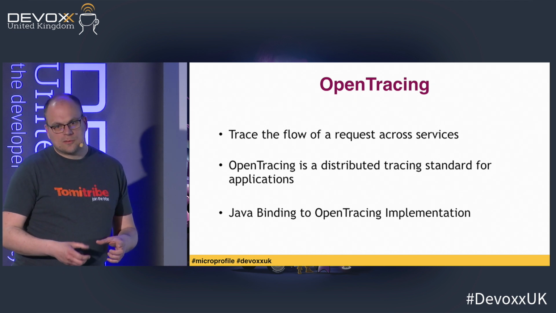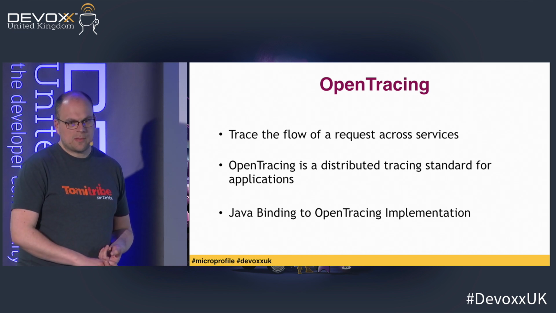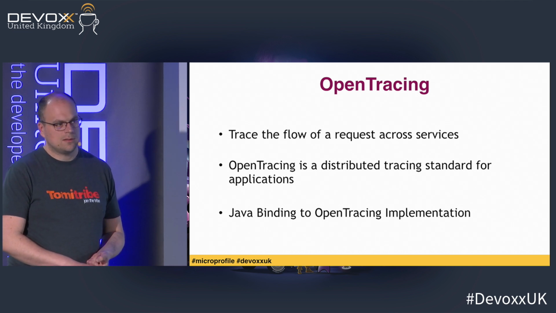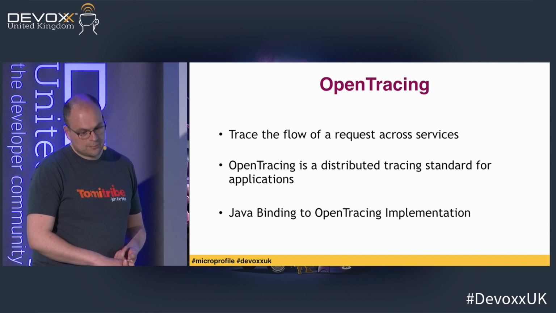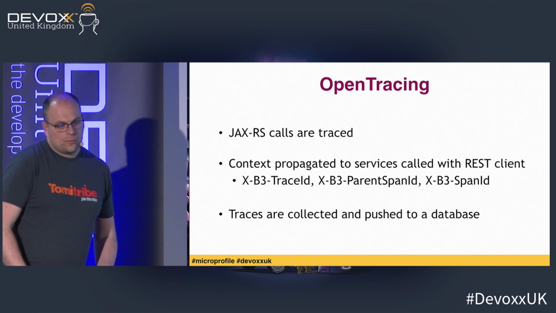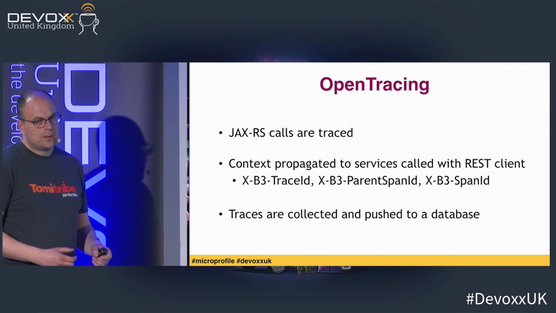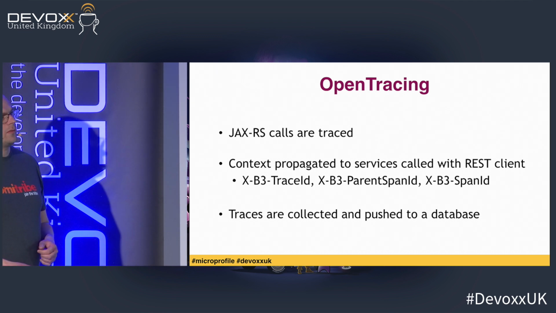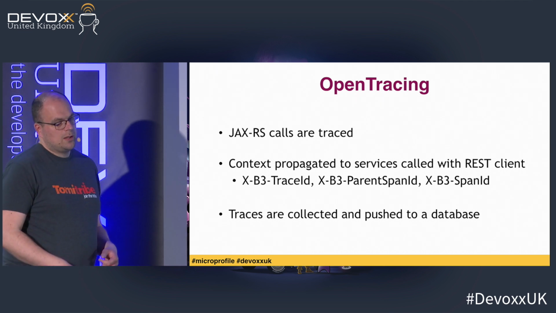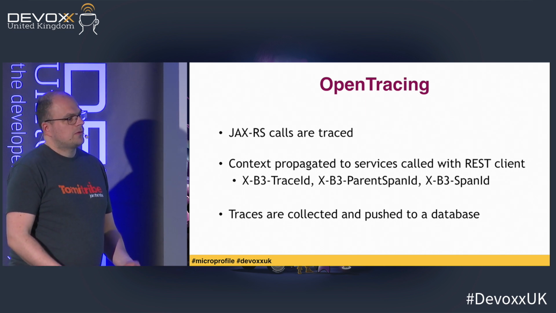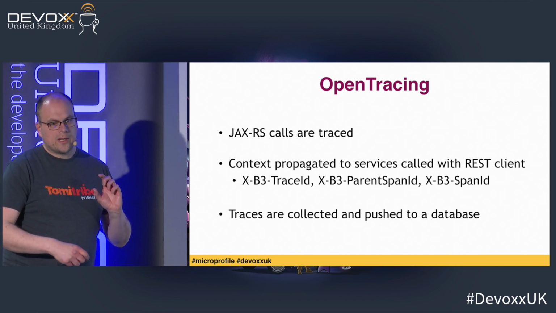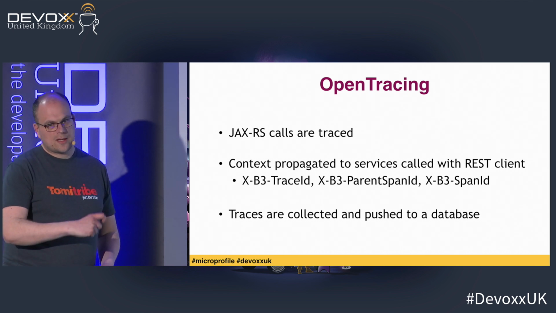There are a few different suppliers. We'll be looking at Zipkin today, but there's some others. Jaeger is another OpenTracing provider. With OpenTracing, the spec focuses on tracing JAX-RS calls. It's on by default, so for JAX-RS calls that come into the system, we trace how long those take to make.